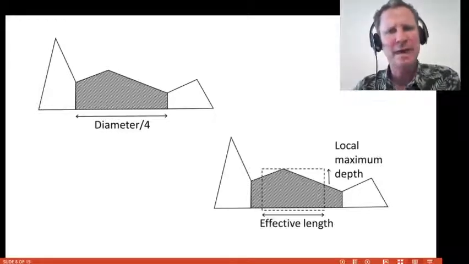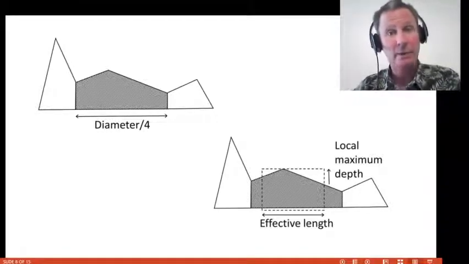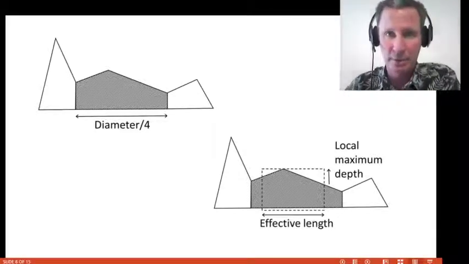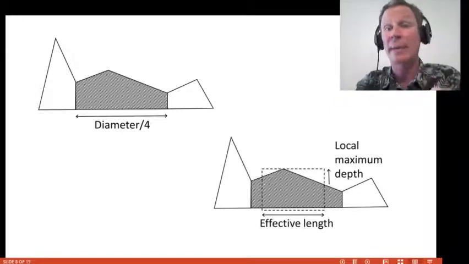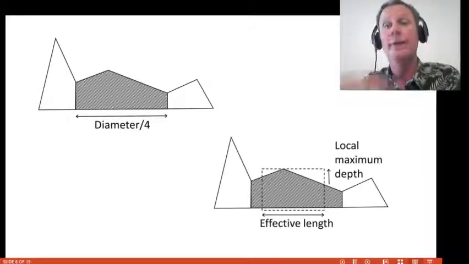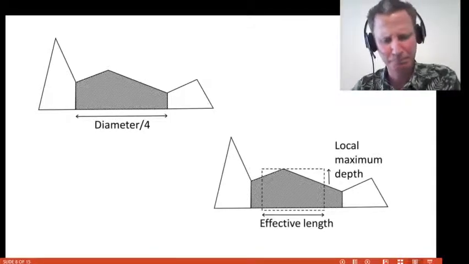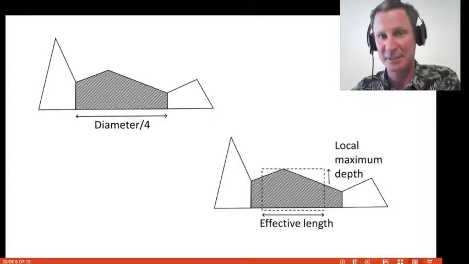And then rather than dividing by the full length and getting an average depth, I take the area under the curve and I divide it by the local maximum depth in order to get an effective length. And then I will take a look at every 1/4 diameter length from one end of the flaw to the other, do the calculation, choose the lower bound, right? Couple key differences there. And then, of course, I've got the square root in there that is going to drive some of you completely crazy. Let's see how that plays out.